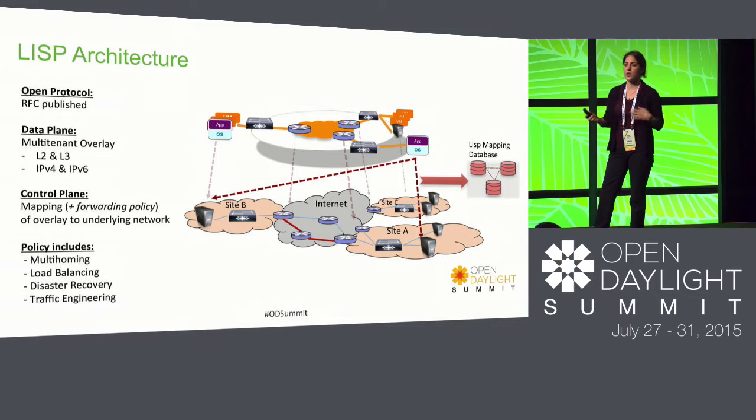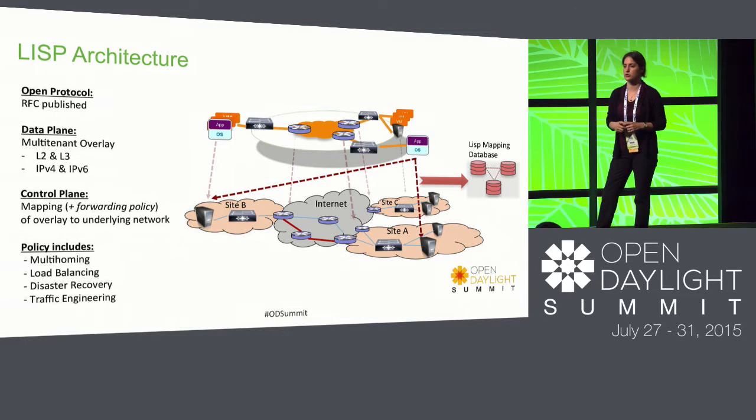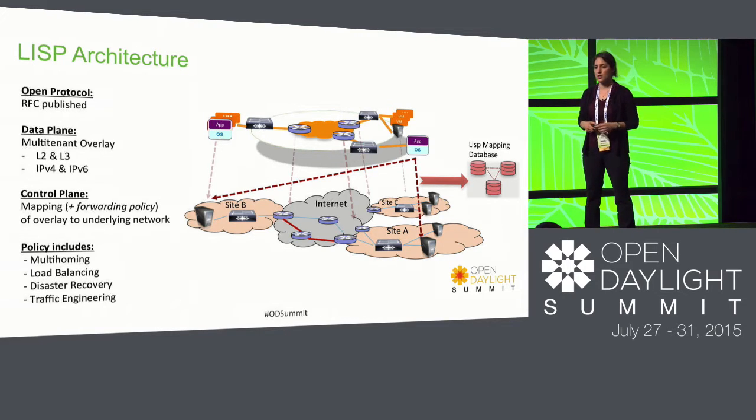And that way, the Lisp routers that are pulling these mappings will be aware of the new location, and then the traffic will move. So there is support for basically mobility within the overlay, and I'll go over that in more detail later.